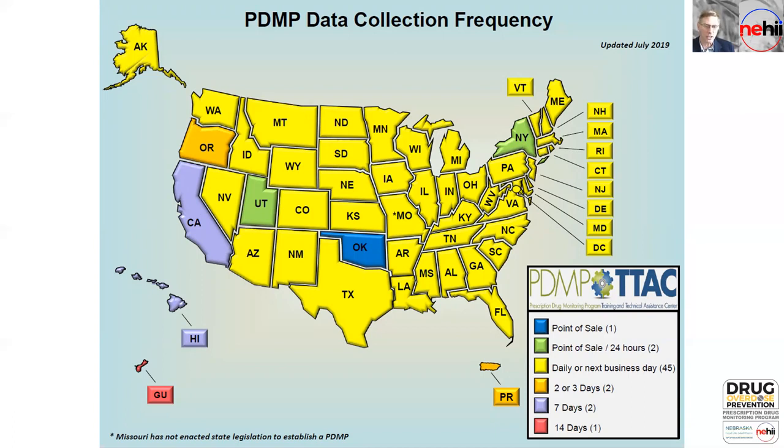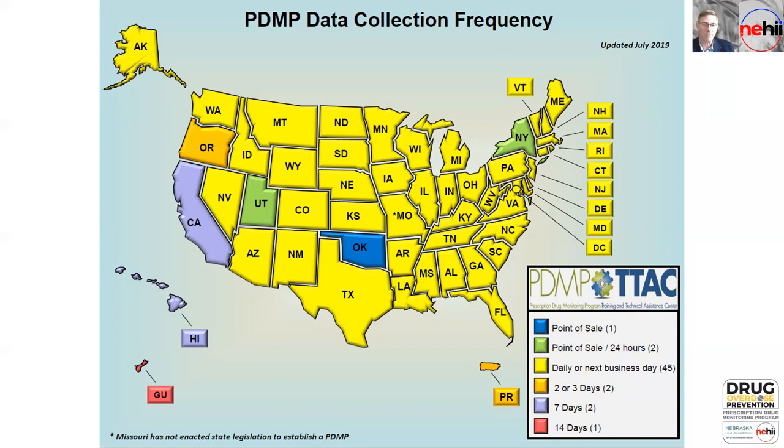You can see that there are only a couple of states that report longer than daily, and then you see one state in blue, Oklahoma, which is leading the country in reporting the data at the point of sale, or what their law says within five minutes of that prescription being dispensed or sold to the patient. So this is something new that some states, such as Nebraska, are starting to catch on to, and having that reported sooner rather than later.